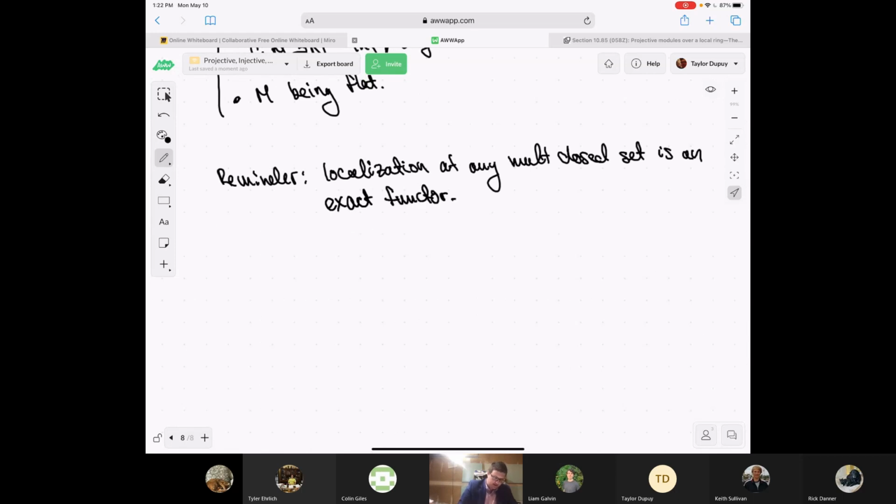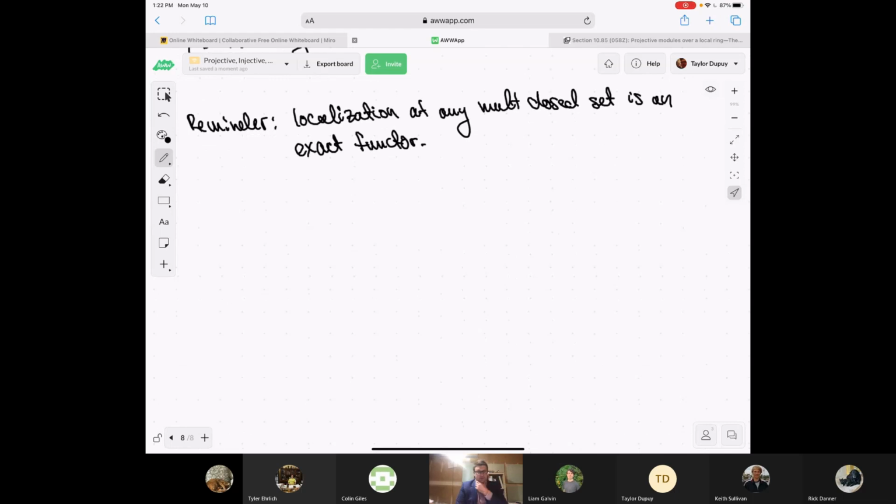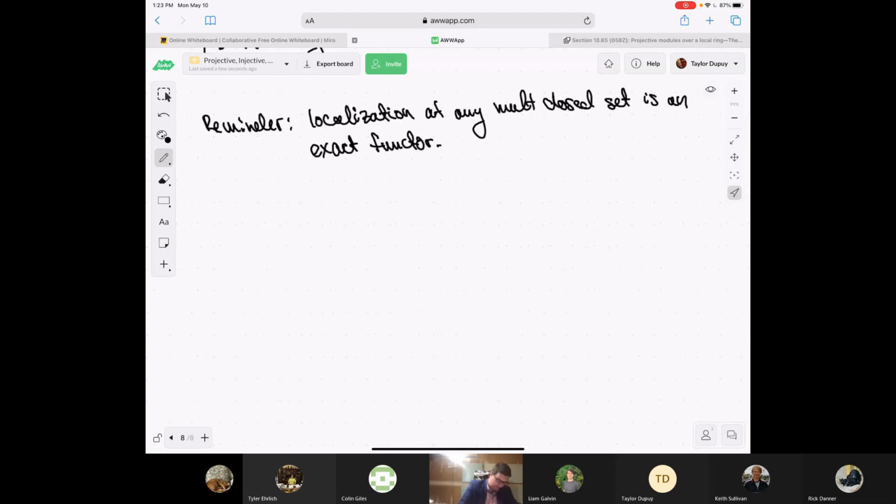So it takes injections to injections and surjections to surjections. That means that if I have an exact sequence of R-modules and I localize at some multiplicatively closed subset S, then that exact sequence functorially induces another exact sequence.